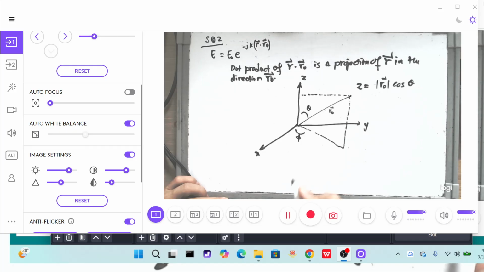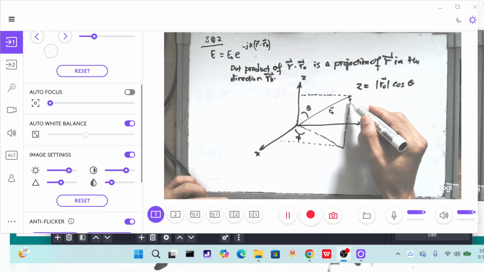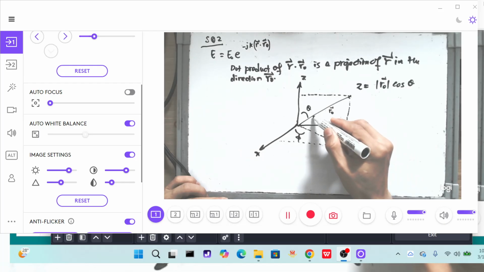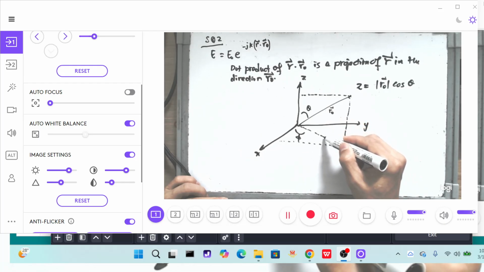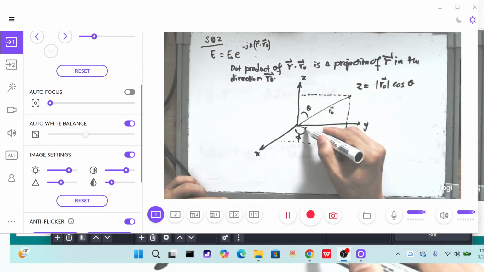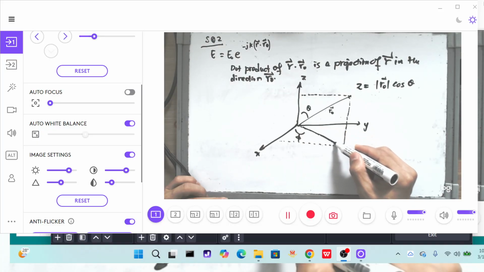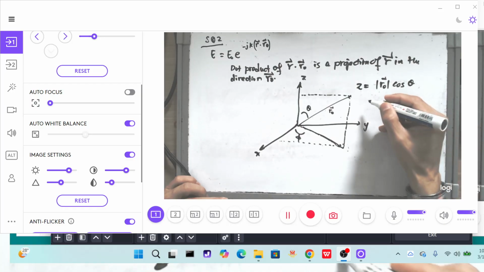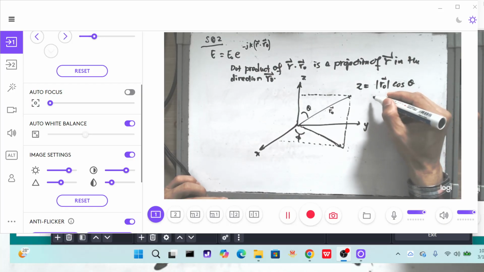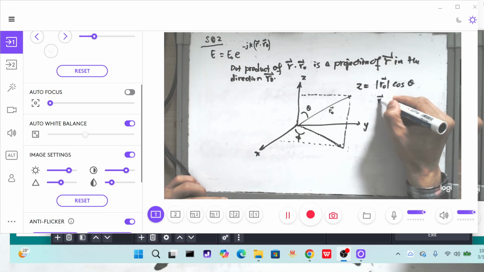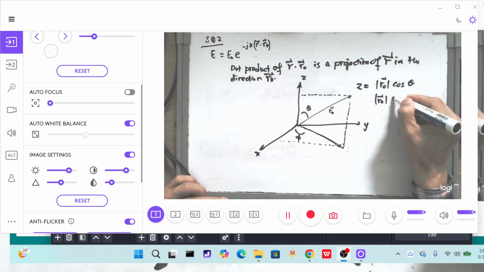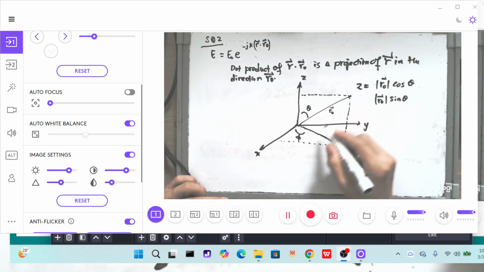Now let's calculate the x coordinate. If you use perpendicular projection here, then the length here is R naught sine theta, right?